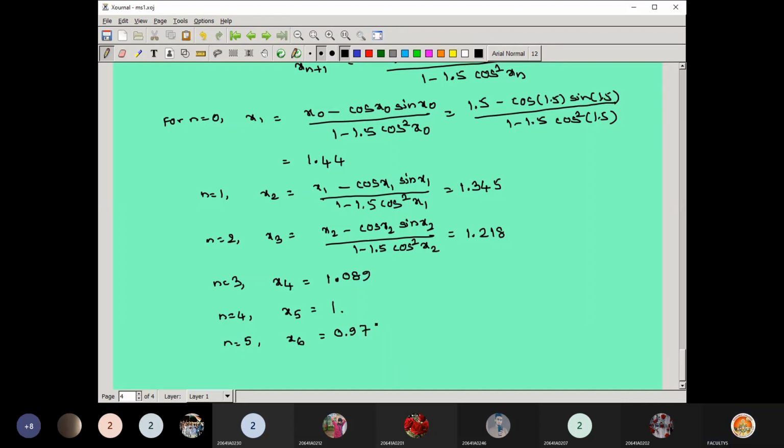0.97. Still there seems to be a small difference. You go for the next value, n equal to 6, x7. 0.97, you substitute there.